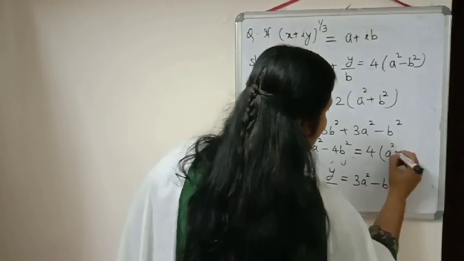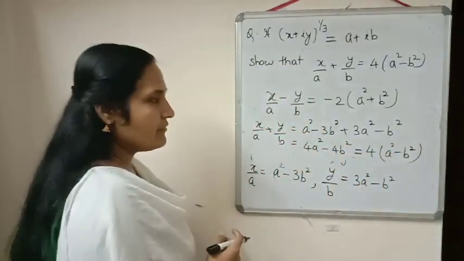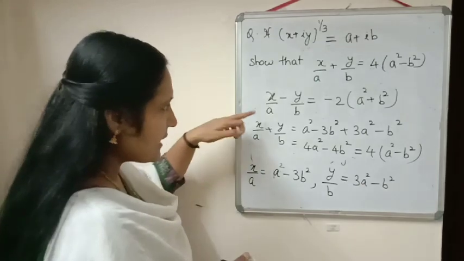So 4 into (a² − b²). First part is over.